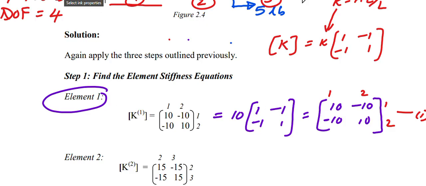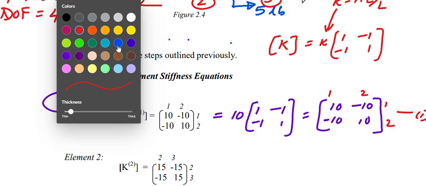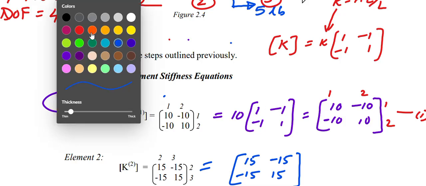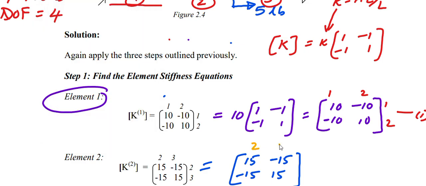Similarly, we calculate equation number 2 also. For element 2 the value is 15, so you can write 15, -15, -15, 15. The important thing is the deformation. Element 2 is connected from 2 to 3. Say this is equation number 2.